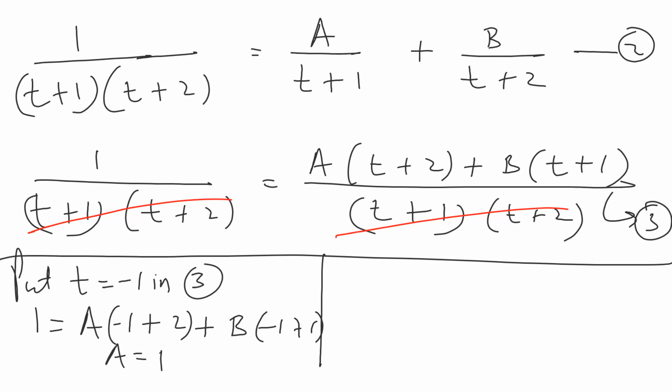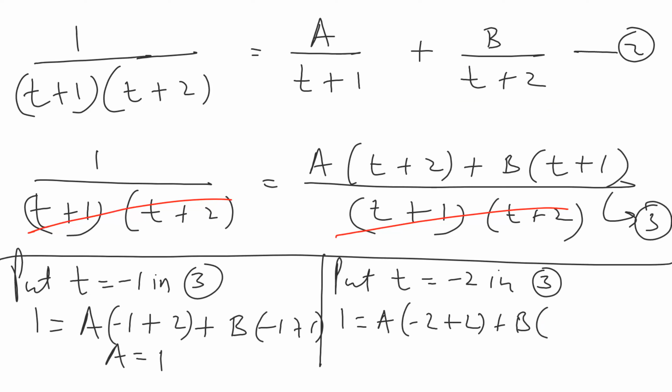Okay. Now equate the second factor to 0. Equate t plus 2 to 0. You will get t as minus 2. Put t equal to minus 2 in equation number 3. 1 is equal to a into minus 2 plus 2, b into minus 2 plus 1.